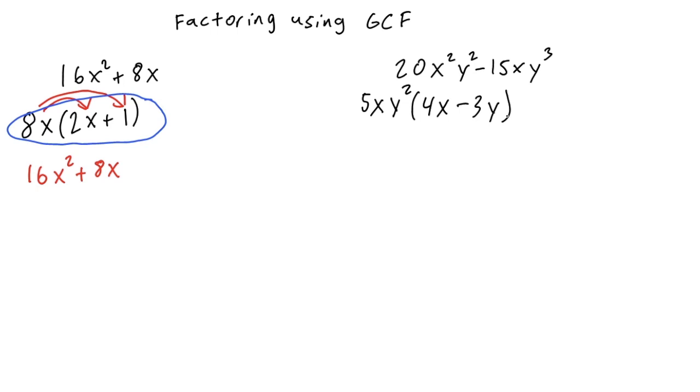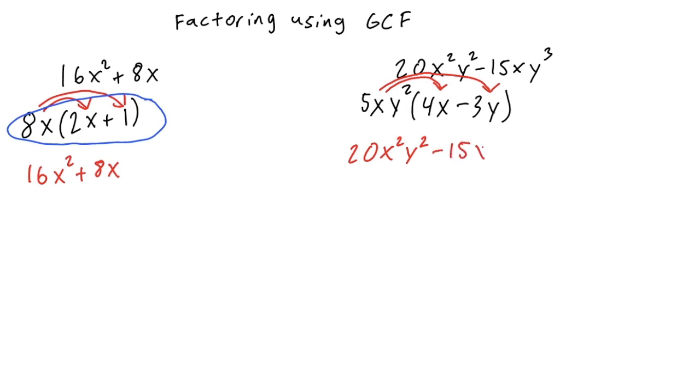Again, you can multiply these out to check to see if you are correct. So when you multiply here, you'll end up with 5 times 4 is 20, x times x is x squared, and you've got the y squared added on at the end. And then here, 5 times negative 3 is negative 15.